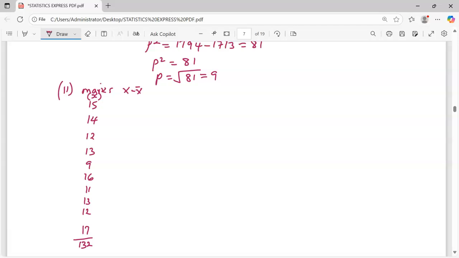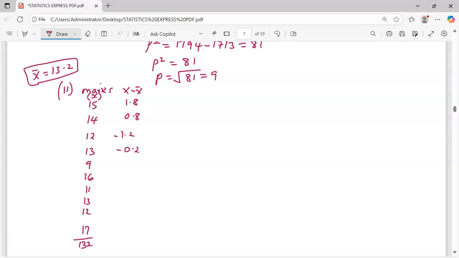So 15 minus 13.2, you get 1.8. 14 minus 13.2, so x bar is 13.2. So 14 minus 13.2 will give us 0.8. 12 minus 13.2 will give us negative 1.2. 13 minus 13.2, you get negative 0.2.